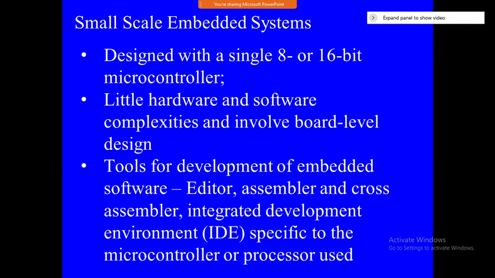In the small scale embedded system examples, take the automatic chocolate vending machine. It is not going to require much hardware. What is the important hardware? The important hardware is the microprocessor, RAM, ROM. We are not going to see the big structure or any other things.